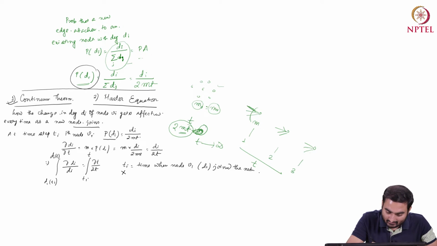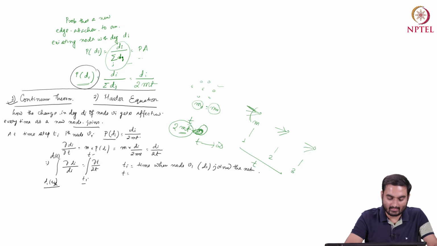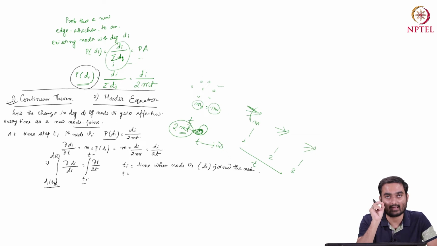And t is the current time. So these two things are clear. What is d_i(t_i)? d_i(t_i) is the degree d_i at time t_i, right.